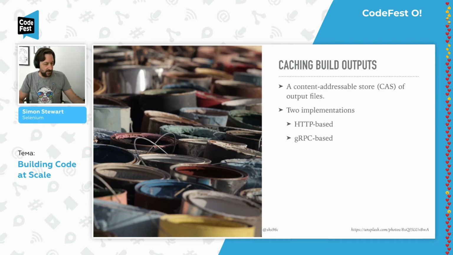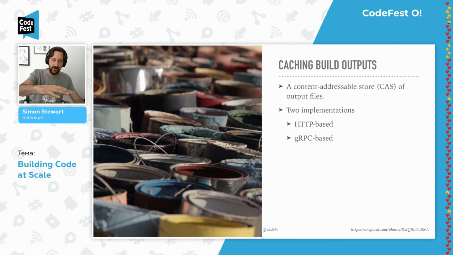And we want to be able to cache build outputs, right? Now, because every build output is an action, and every action has a hash of all of its inputs, files, environment, and stuff like that, we can generate a single key, a SHA-256 plus length. And Bazel comes with 2 implementations of a content addressable store, which we can push various bits and pieces into.